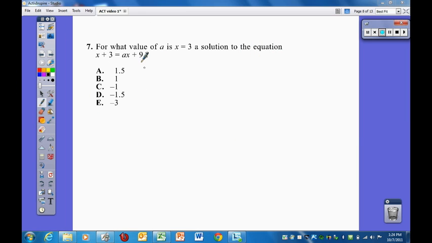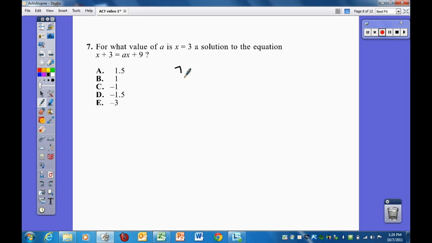Okay, problem number 7 is asking for what value of A will X equals 3 as a solution to this equation. It's kind of hard to understand at first, so be careful the way you read this. You're not looking for the value of X. We're looking for the value of A that goes in there so that X will be equal to 3. So the best way to work this problem is to think about it backwards and go ahead and make X equal 3 and solve what the A needs to be.